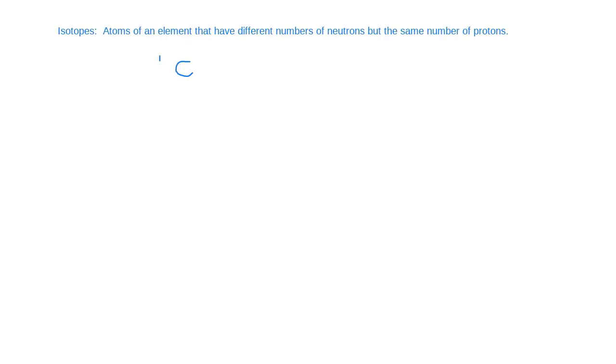There's carbon 14, which is the one that's used for radiocarbon dating and such. There's carbon 13, and this accounts for a small amount of the carbon we come across, and there's carbon 12, and this is the most common.